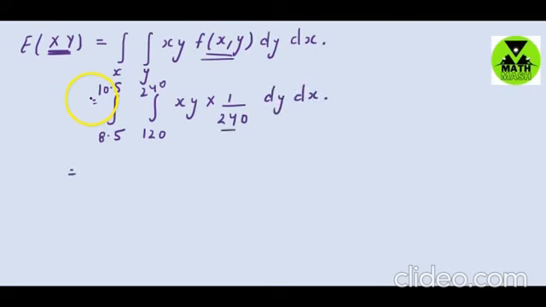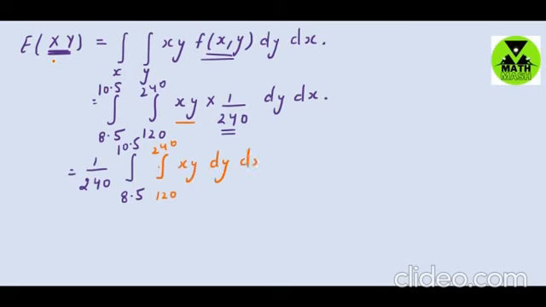Since it is a constant, we can take 1/240 outside of these integrals. So first integrate with respect to y, with 8.5 to 10.5 as it is. The integral of xy, with y from 120 to 240, integrating with respect to y first and then with respect to x.